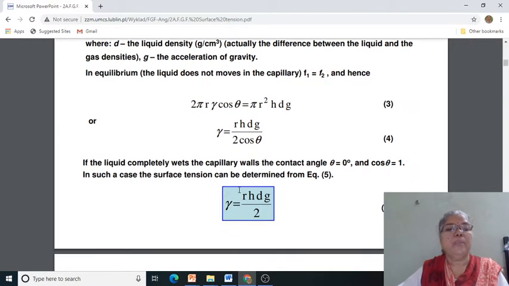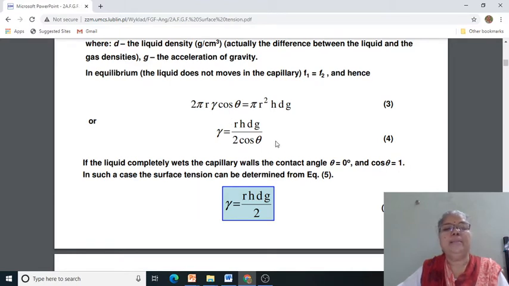If the liquid completely wets the capillary walls, the contact angle theta is 0 degree, and cos theta means cos 0, which is always 1.